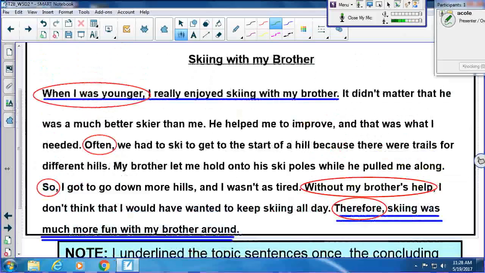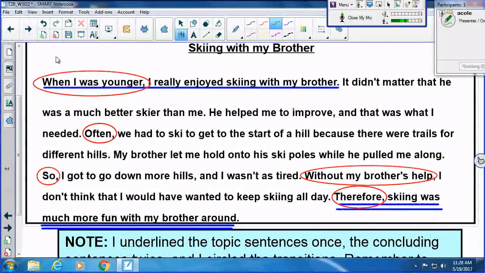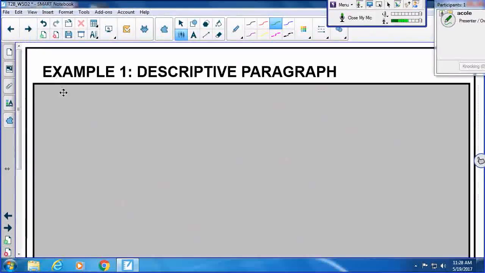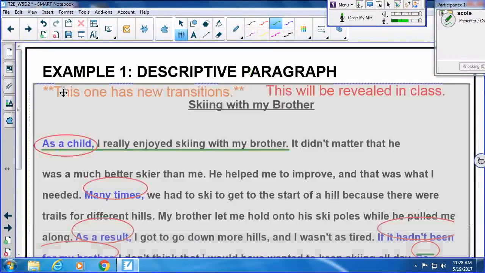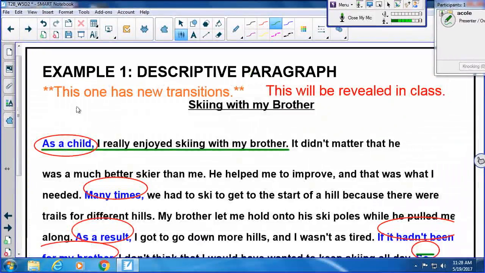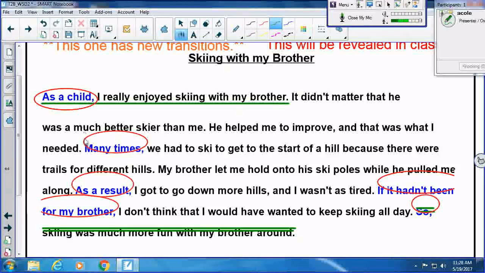So what I wanted to do next was show you how you could use different transitions instead of the ones that I have, right? So just to show you, I don't need to read it over again, right? So this one has new transitions on it. I have as a child, instead of when I was younger. And then the next one I use is many times.